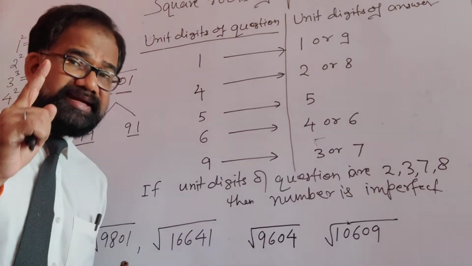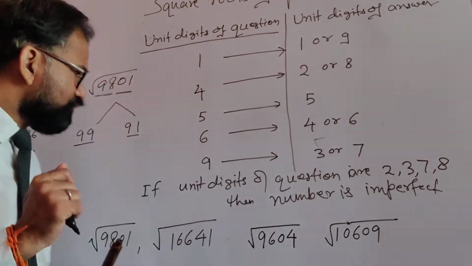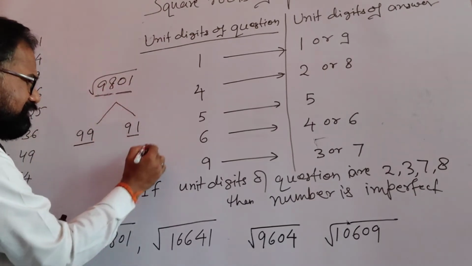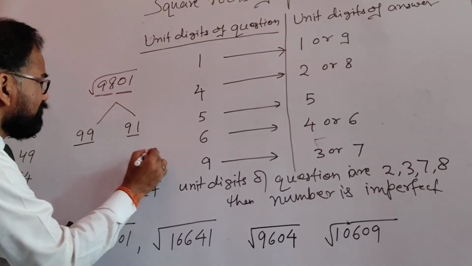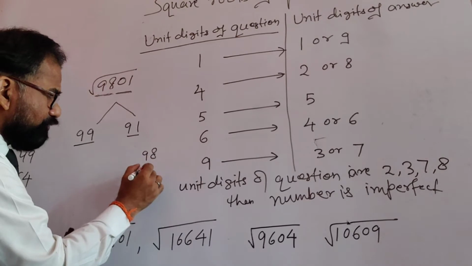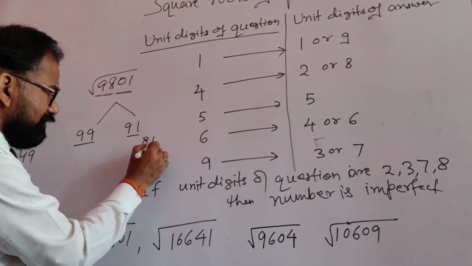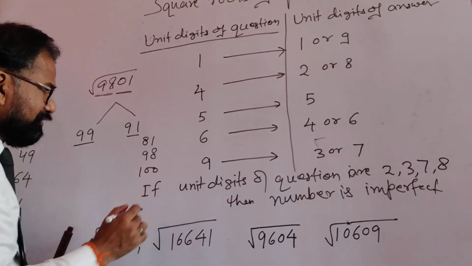Next step. I write here this 98. 98 is in between two perfect square numbers, that is 81 and 100, right?